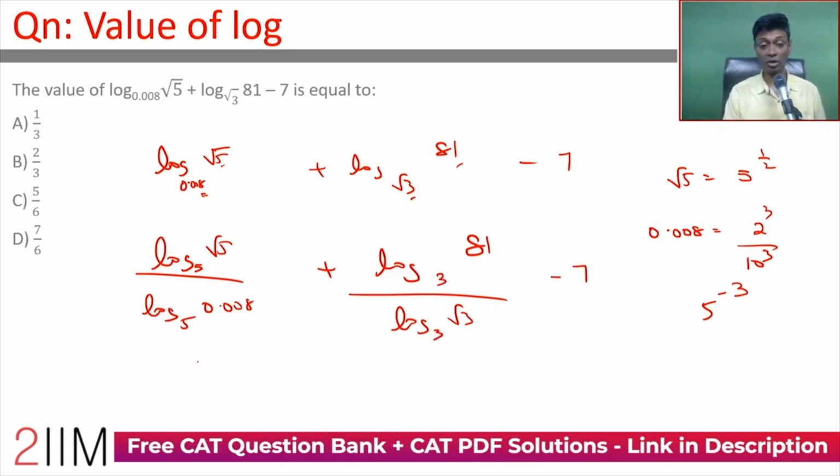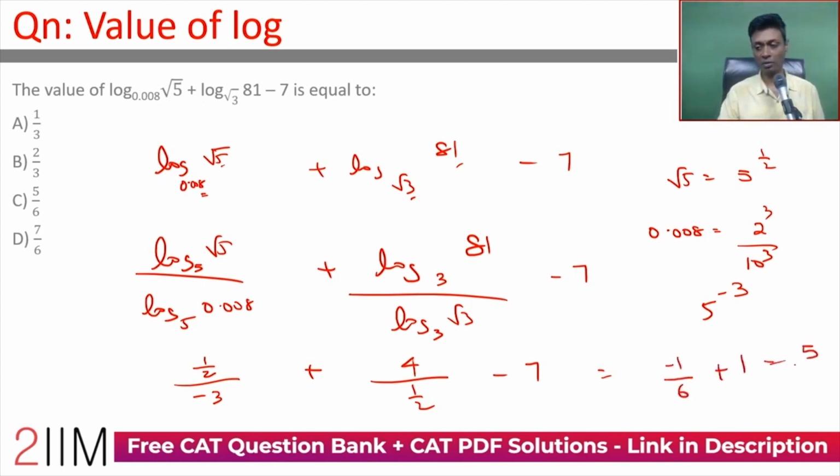Log root 5 is 1 by 2, by minus 3. 5 power minus 3 is 0.008, so log 0.008 base 5 is minus 3. Plus log 81 to the base 3 is 4 by 1 by 2, minus 7. This is 8. 8 minus 7 is 1. This is minus 1 by 6. This whole thing becomes minus 1 by 6 plus 1, which is 5 by 6.